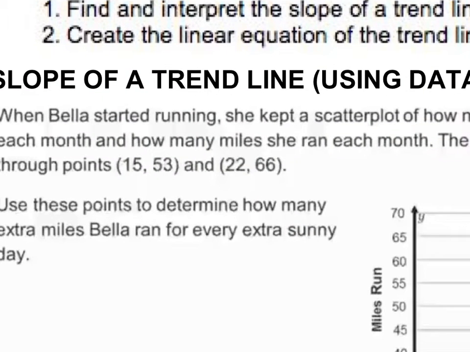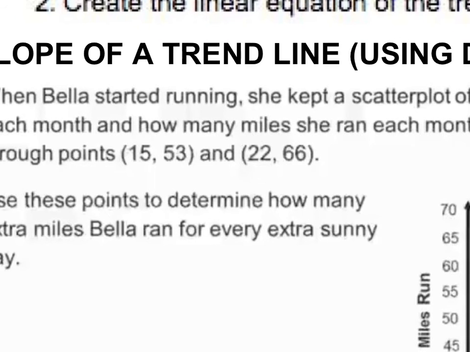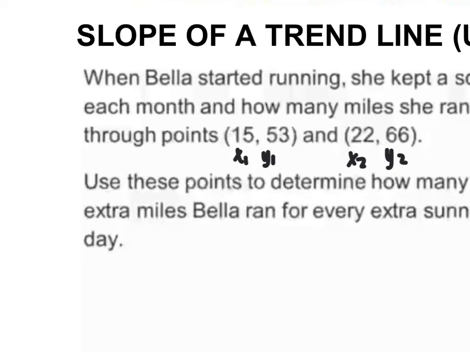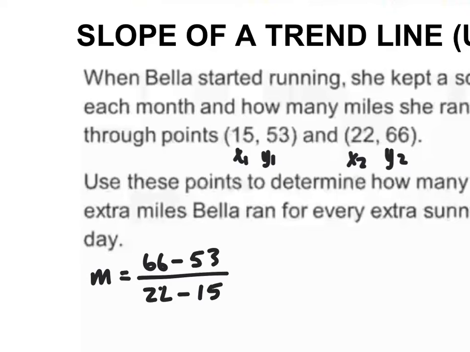Okay, and let me zoom in here. And I'm going to call this x sub 1, y sub 1, x sub 2, y sub 2. All right, so if I calculate my slope, we're going to get m is equal to 66 minus 53 over 22 minus 15, okay?